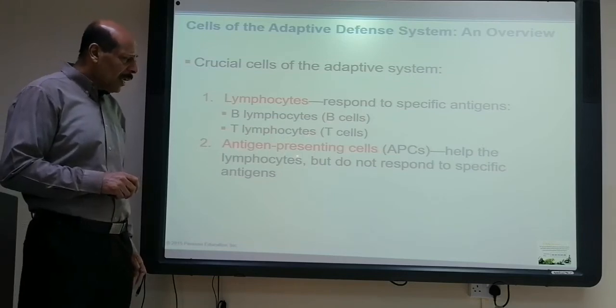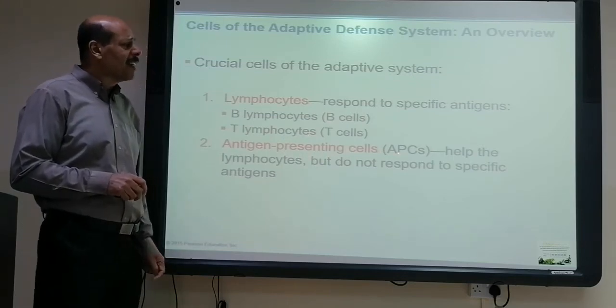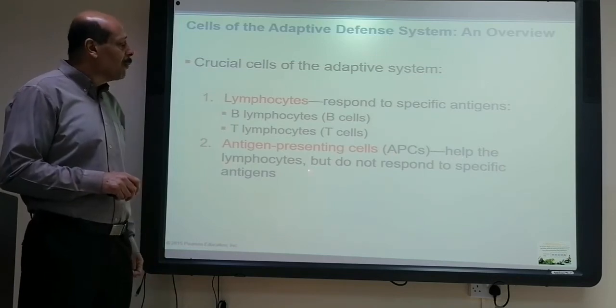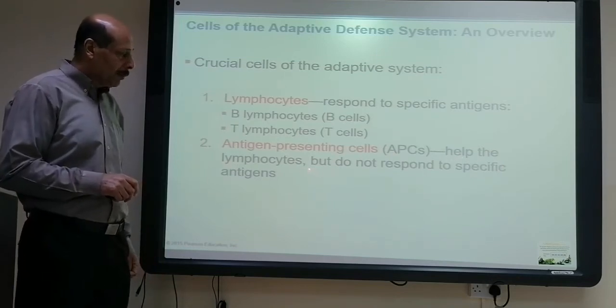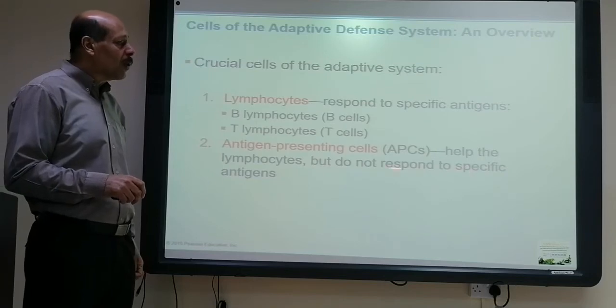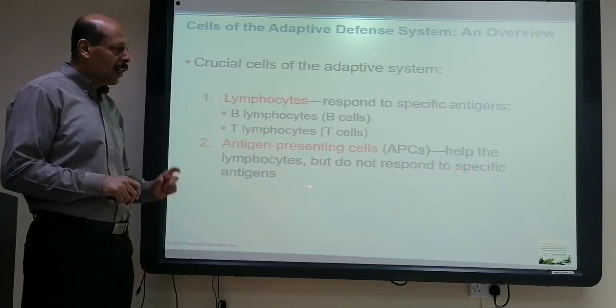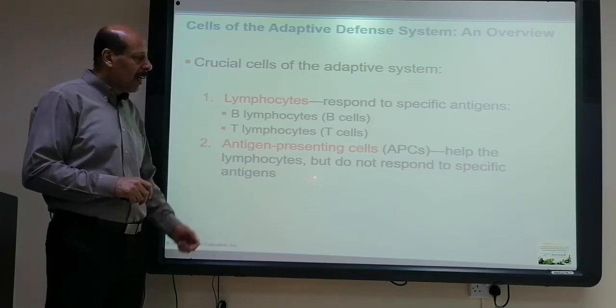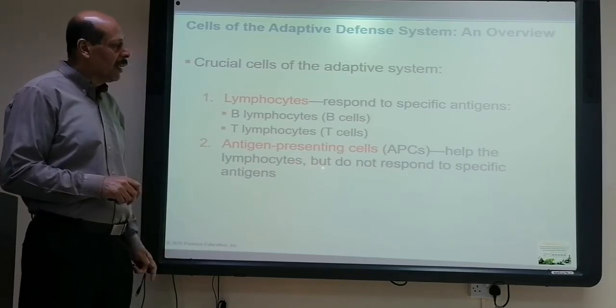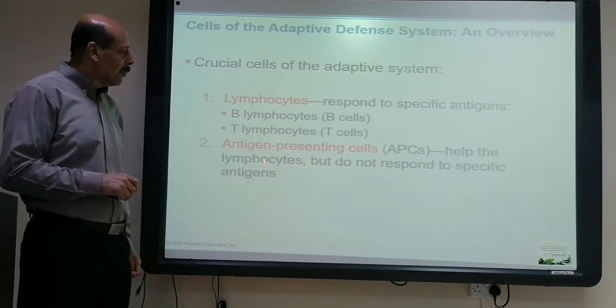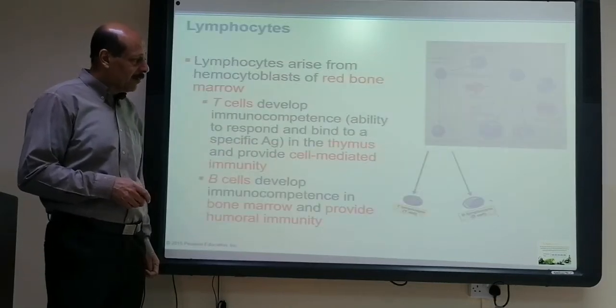The antigen presenting cells help the lymphocytes but do not respond to the specific antigen. They help tag the foreign body and help the lymphocytes, but they are not attacking directly.